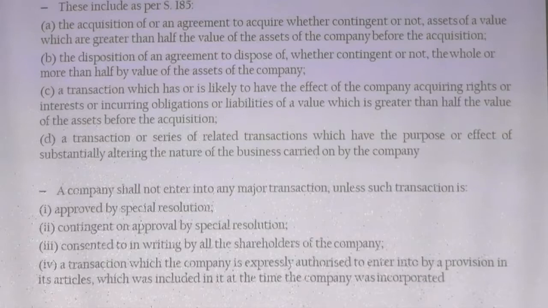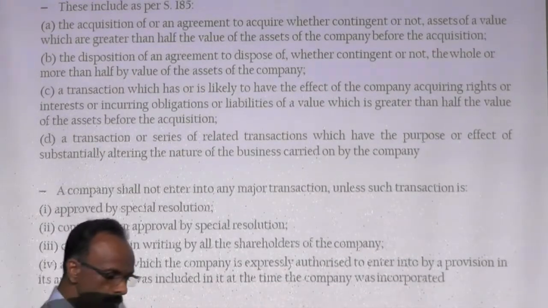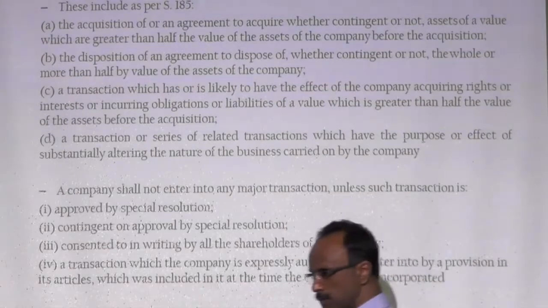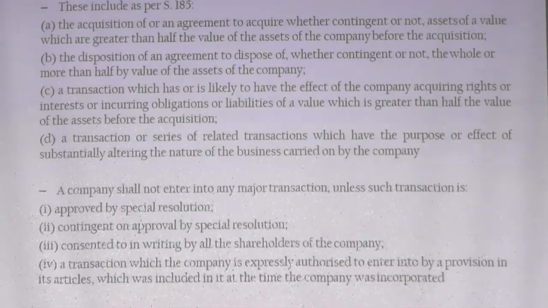So, a company shall not enter into a major transaction unless such a transaction is one which the company is expressly authorized to enter into by a provision in its articles of association, which was included at the time the company was incorporated, not subsequent amendments. We have to be very careful that any amendment made after incorporation into the articles of association shall not be effective in this case where a major transaction is to be allowed.